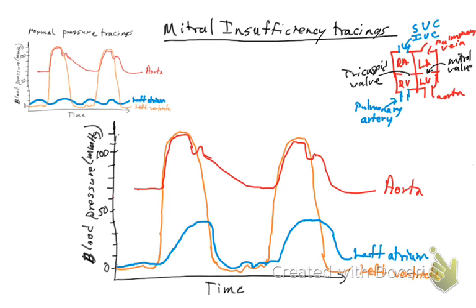Okay, so basically these are the tracing lines with the mitral insufficiency and the normal pressure that we saw. So one more point here. This wave in the left atrium is called the V wave. Got it? Okay.